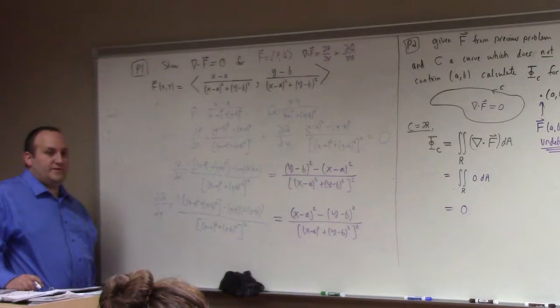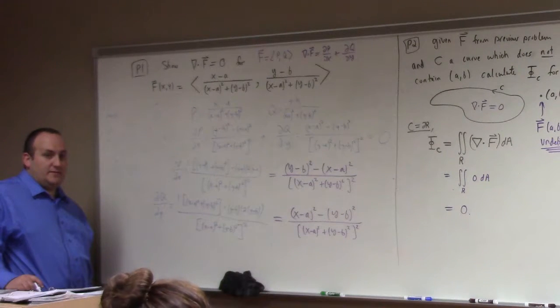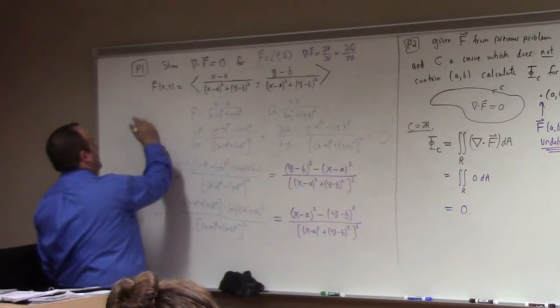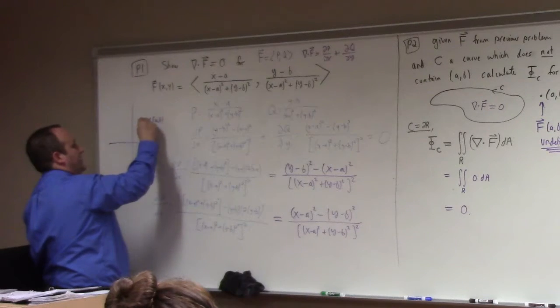Now, this is not surprising. We did this with a and b both 0 the other day. So what this is saying is that if you shift the reciprocal vector field to a point (a, b), it still behaves the same. If I was to draw a picture, with this being (a, b), the field lines are kind of like this.